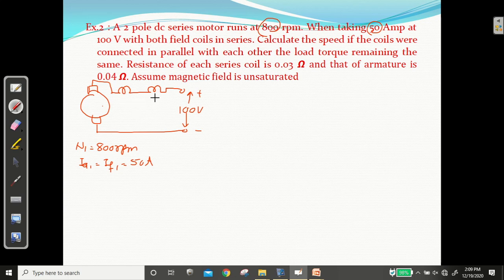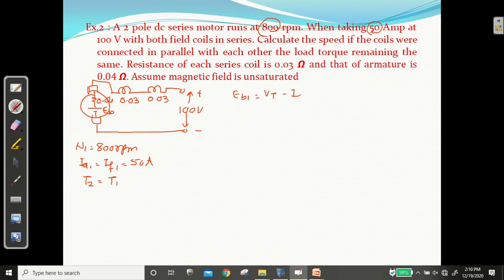Now this is in series, so IF1 equal to IA1 equal to 50 ampere, right? The load torque remaining the same, so T2 in the second case and T1 in the first case will be the same. Resistance of each series coil is 0.03 ohm, and armature is 0.04. Everything is given. So you can calculate first EB1 equal to what?